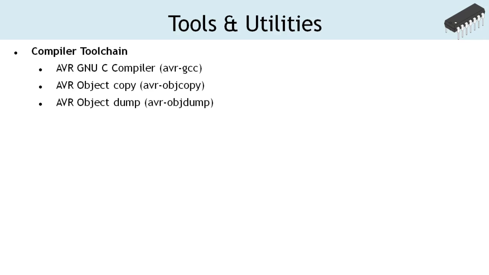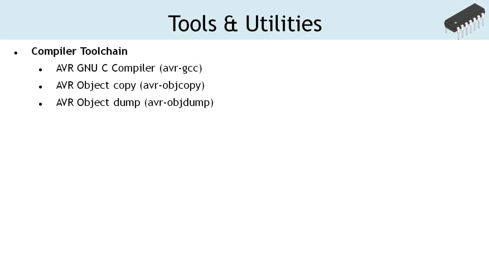The source files are built and processed using the compiler toolchain. There are several tools in the GNU compiler toolchain, and we shall use the GNU C compiler, objcopy, and objdump from the tool set. The AVR GNU C compiler is used to compile the C and assembly source files into object files. It also links all the object files and generates an executable binary image in ELF file format.